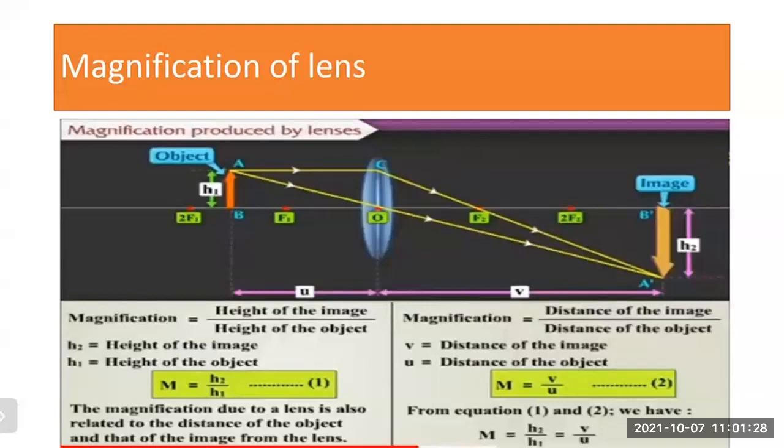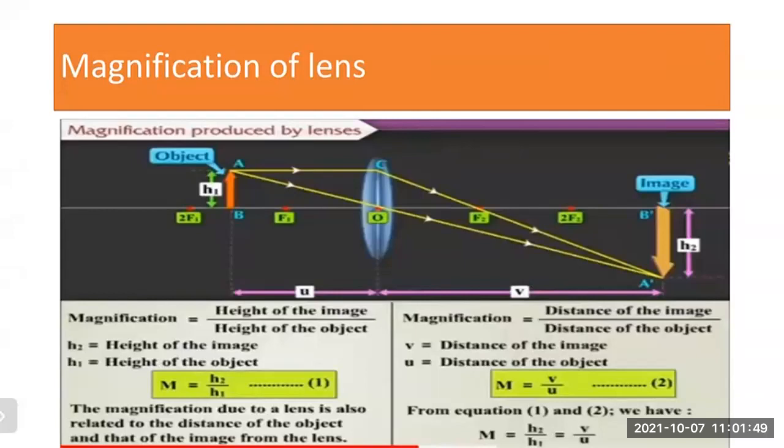So magnification is H2 upon H1. Remember this: magnification is equal to H2 upon H1.